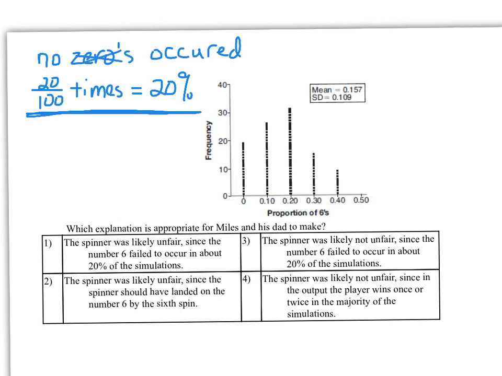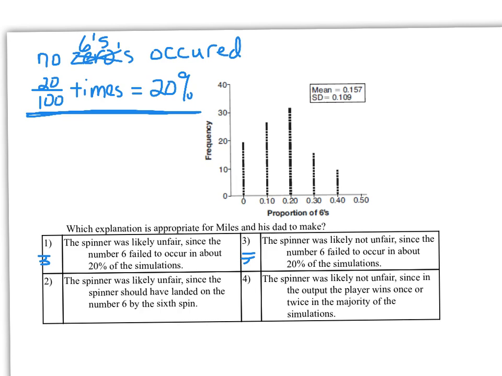It should be no sixes occurred 20% of the time. So then we would say, okay, well then the answer either has to be choice 1 or choice 3, because if you read through those, both of them say that that 6 failed to occur in about 20% of the simulations. Now it also asks which explanation is appropriate, so in other words true, so it's got to be 1 or 3.